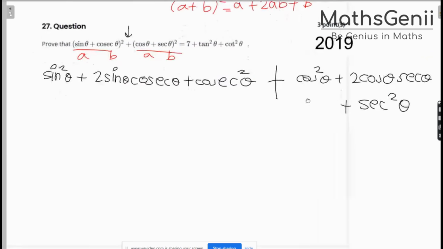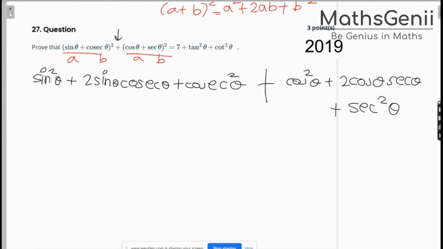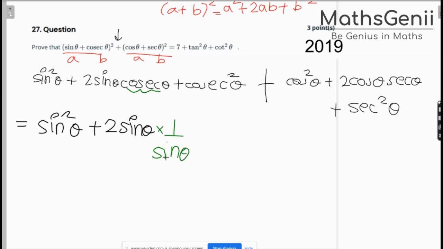Now look at this very interesting part. Let me keep sine square theta as it is. 2 sine theta as it is. Cosec formula: cosec is 1 upon sine. So this sine gets cut.